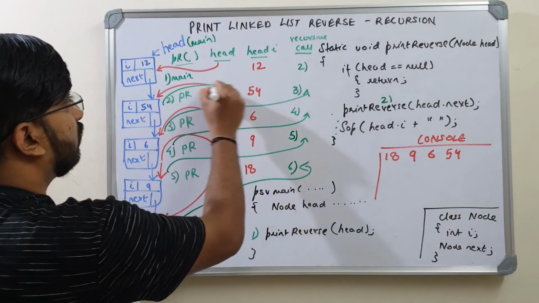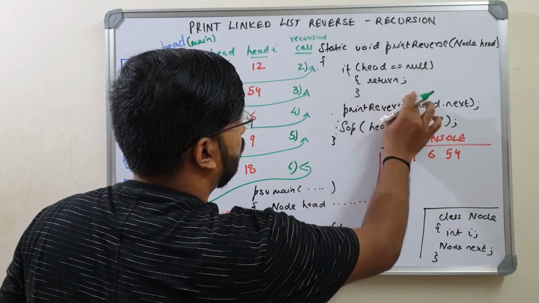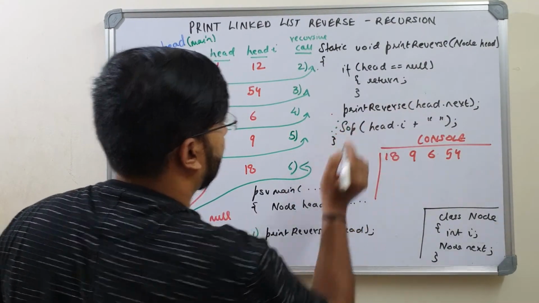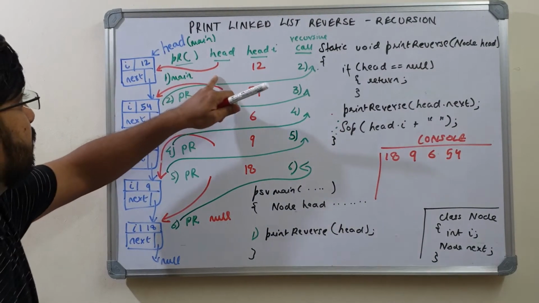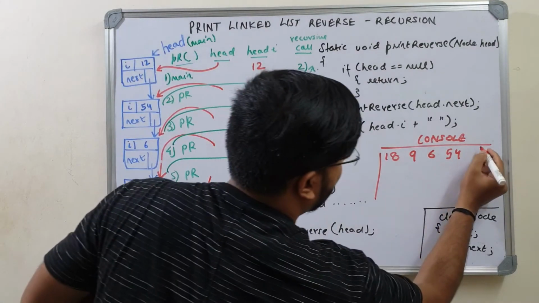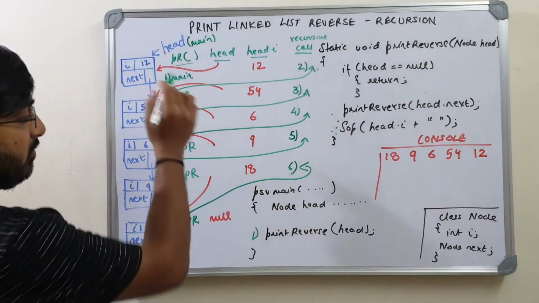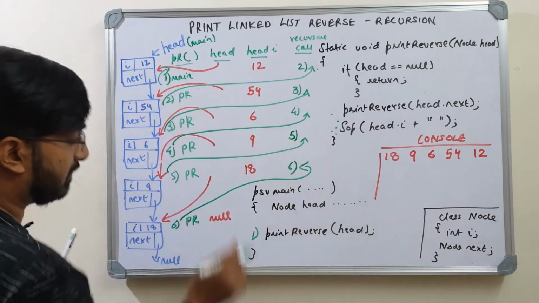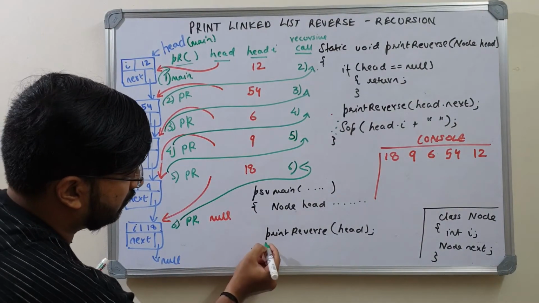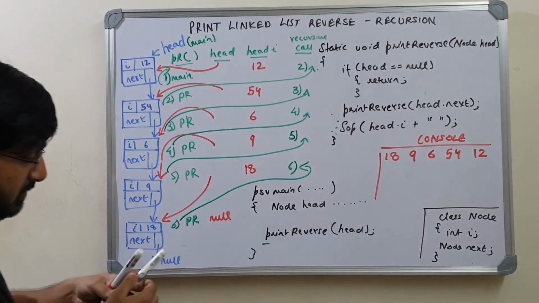So the recursive call to 2 ends here and you come here. Head in 1 is pointing here. You print 12. So you print head.i with a space. And 1 was called from the main. So the call from 1 returns and goes back here. So you come after this statement and you have the list in the reverse order.